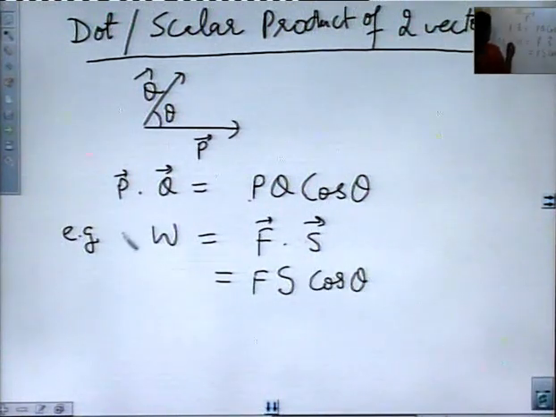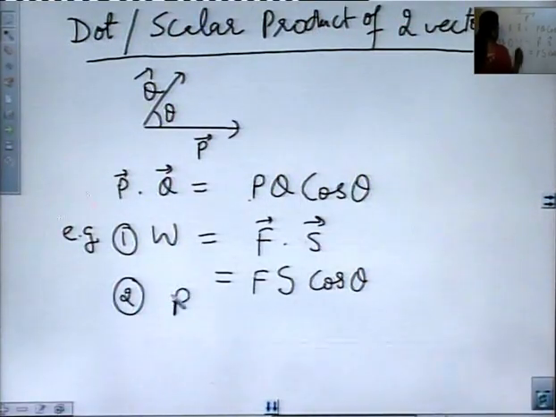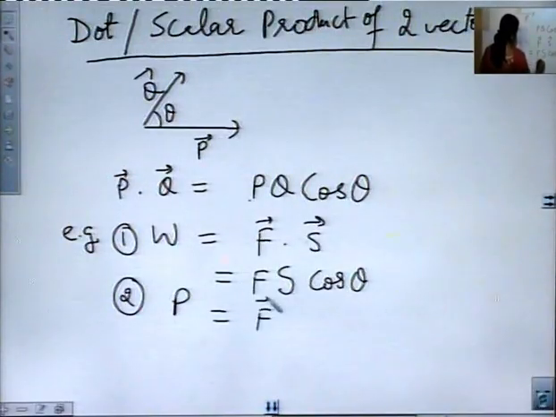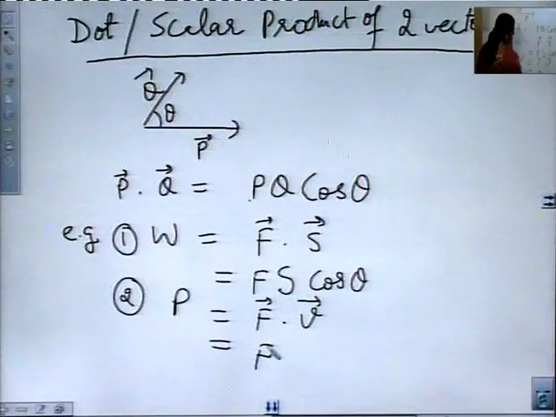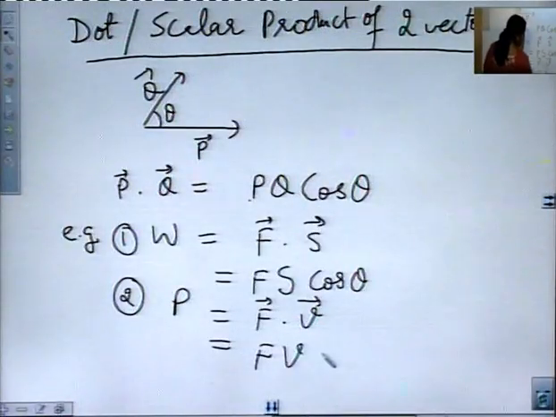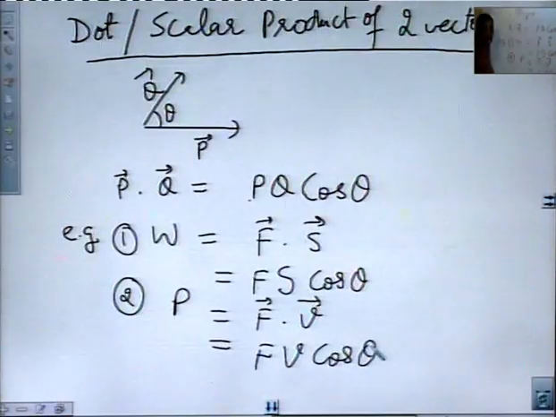This is the first example, and the second example is power. Power is given as force vector dot velocity vector. This can be taken as Fv cos of theta. So this is the dot product.